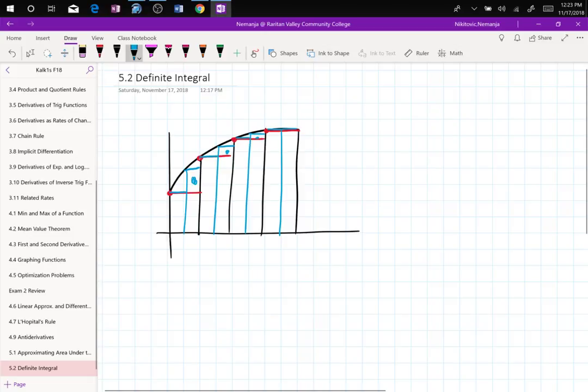So that's great. And then I can do even better than that, because I can, let's do orange, I can cut those in half and then create rectangles.